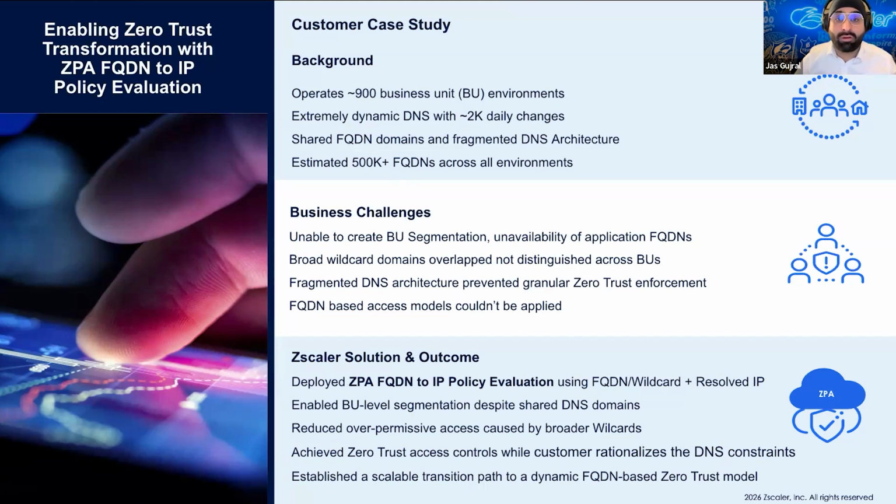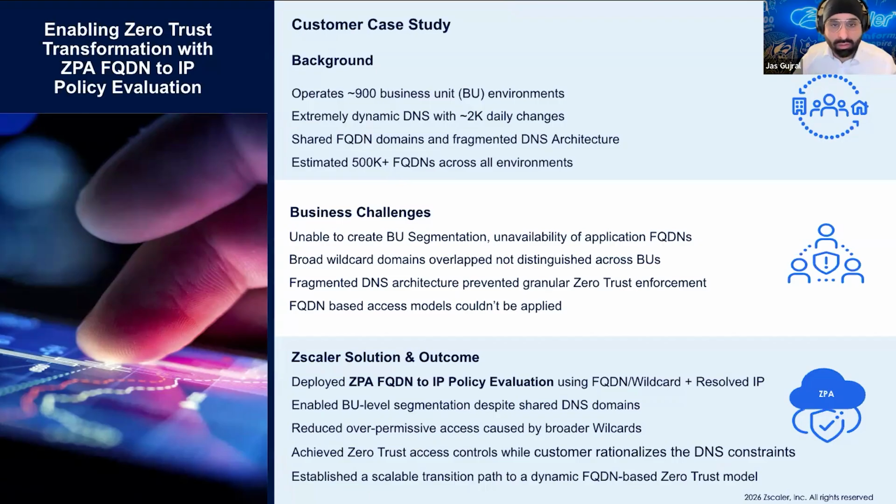This enabled the customer to enforce the required business unit level segmentation, even with the shared DNS domains and the fragmented DNS architecture, which led to significantly reducing over permissive access caused by these broader wildcard domains and the large IP address ranges from RFC 1918 or supernets that were being deployed.